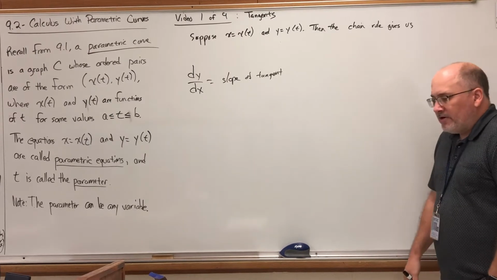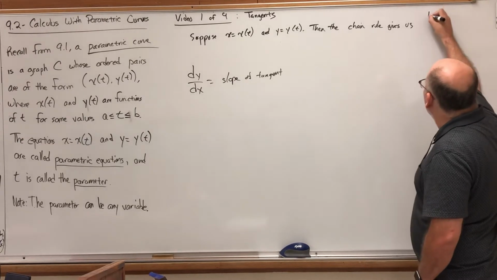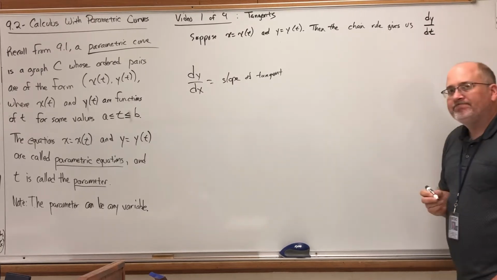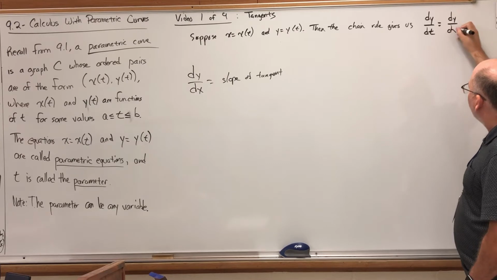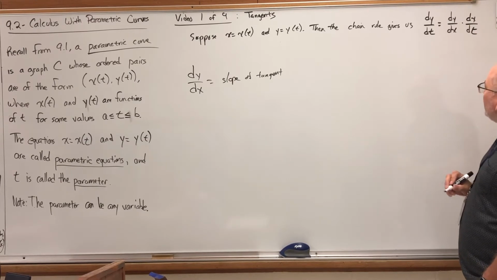But there are other ways to write the chain rule, one of which looks like this. Let's say we want to take the derivative of y with respect to t. We can first take the derivative of y with respect to x, and then multiply the derivative of x with respect to t. Think of it this way.